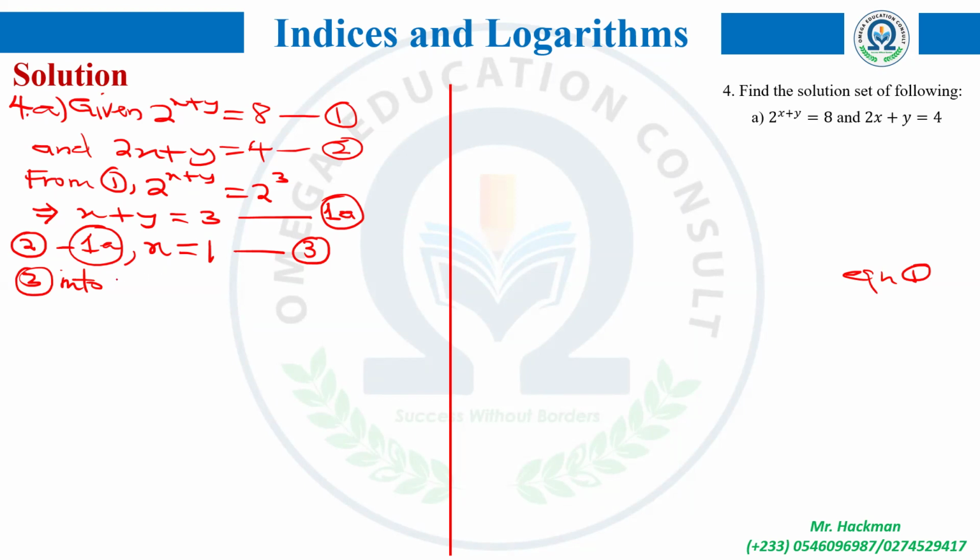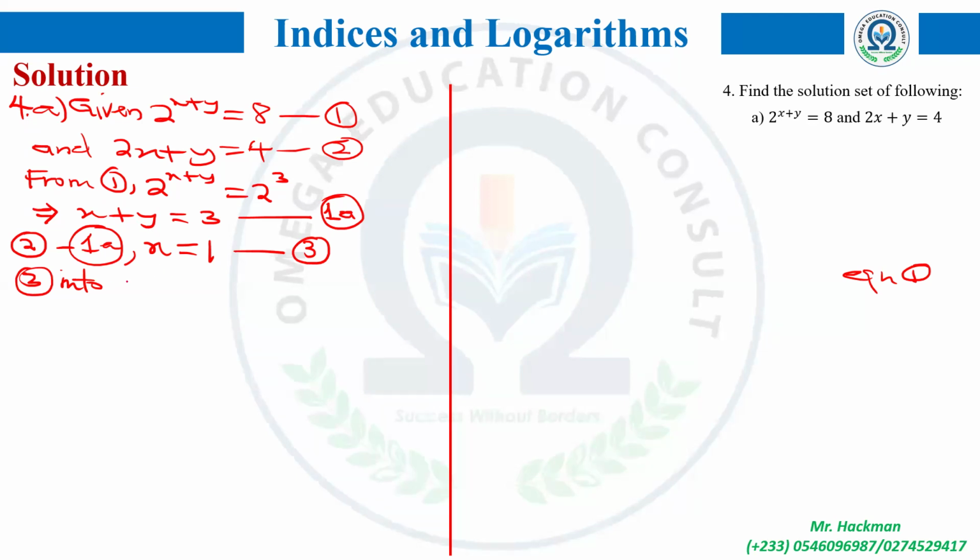I can equally advise that it will be better if you substitute it into this one. This one was not generated by you. It came from the question. This one was generated by you, so it could be wrong. You get it? But we are sure this is right, so we are going to substitute here, because if you substitute, the work will be very easy, making y the subject.